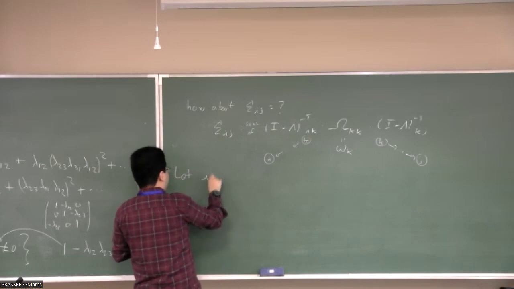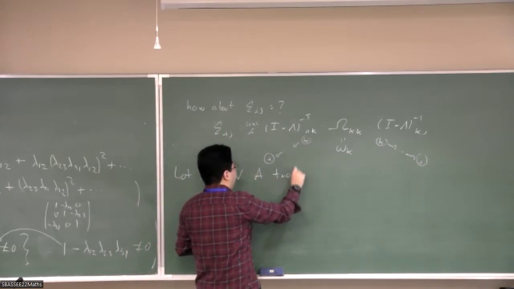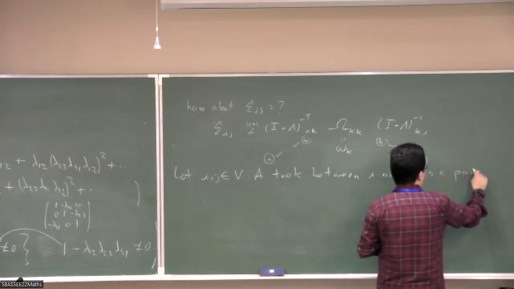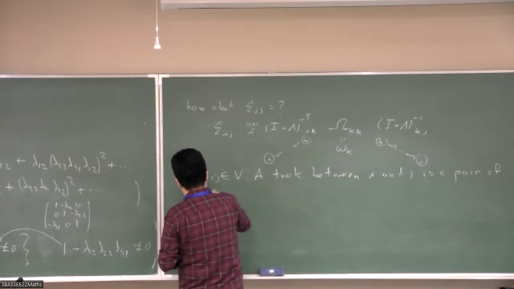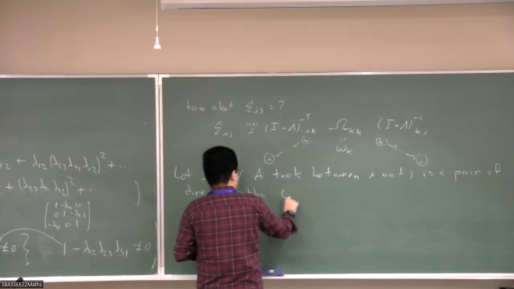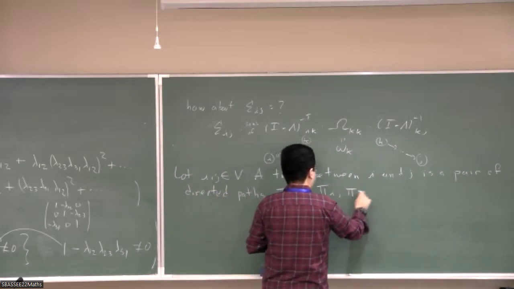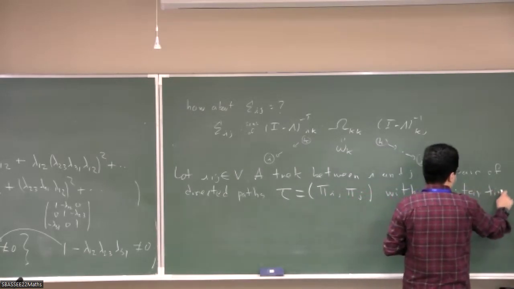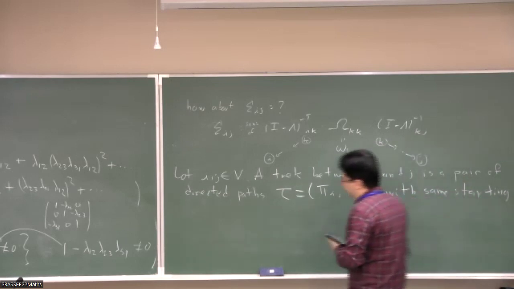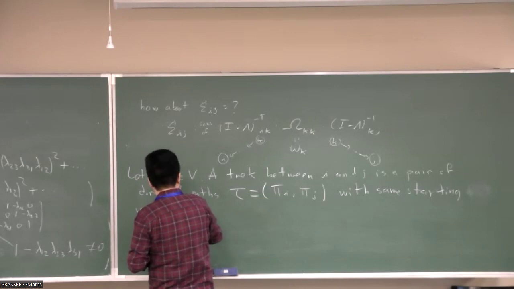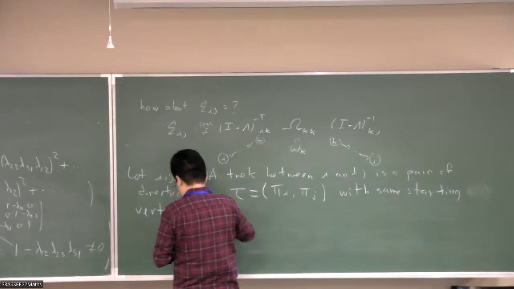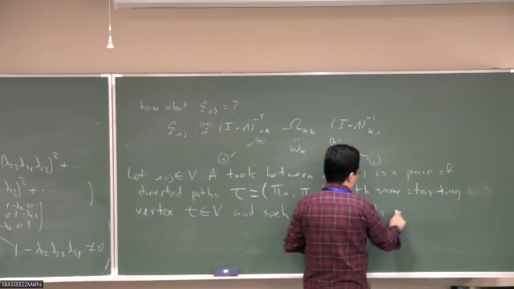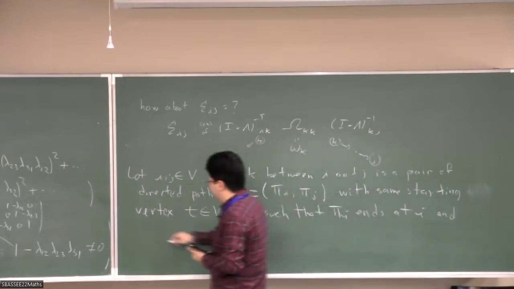So let i, j in V. A trek between i and j is a pair of directed paths, which I'm going to denote by tau equals (pi_i, pi_j), with the same starting vertex T, and such that pi_i ends at i and pi_j ends at j.